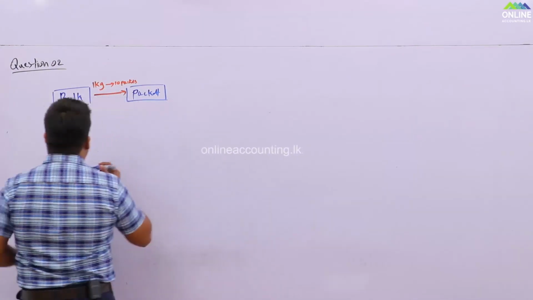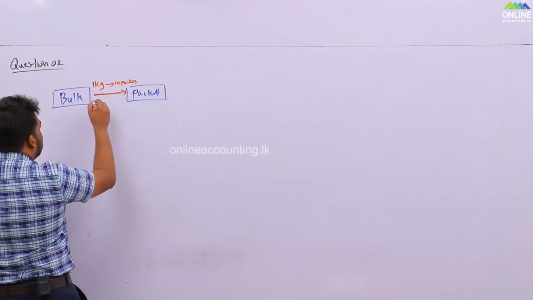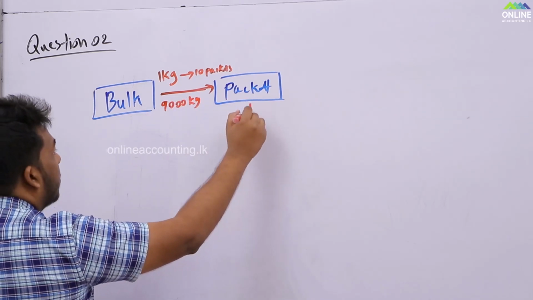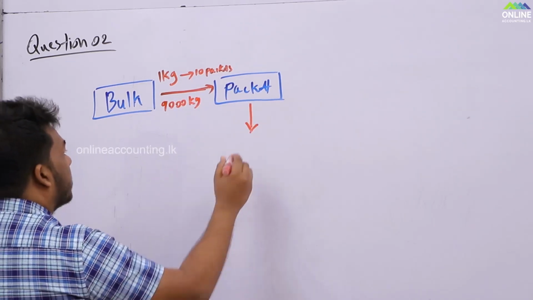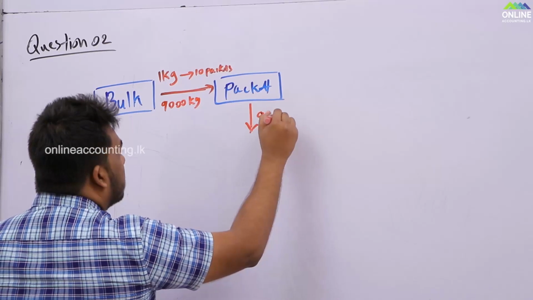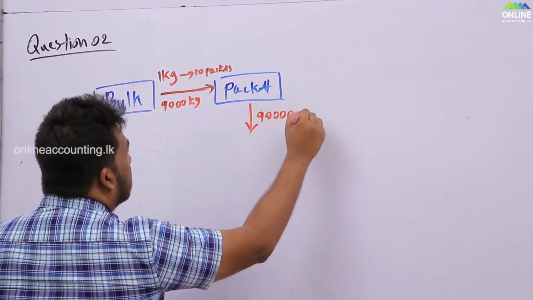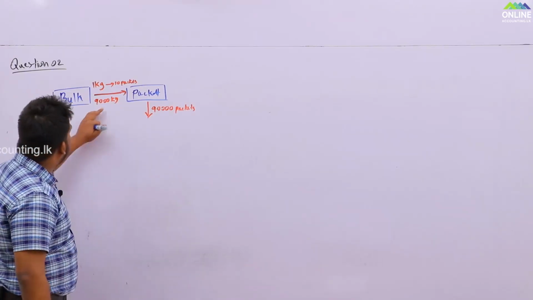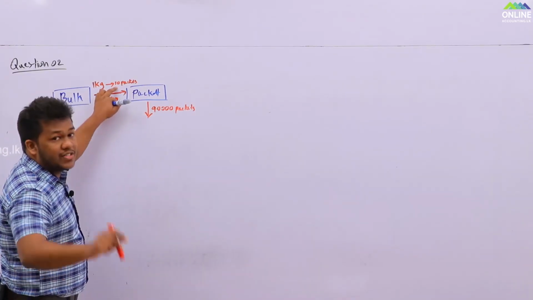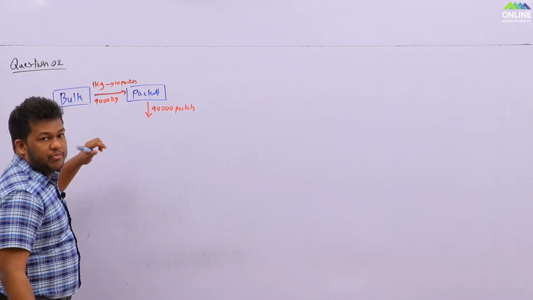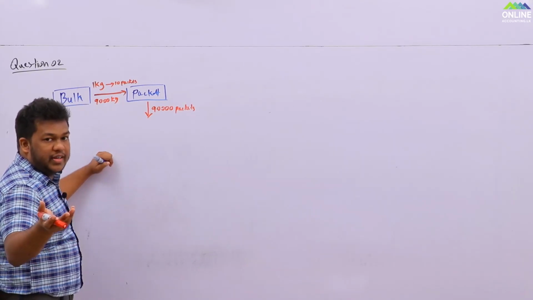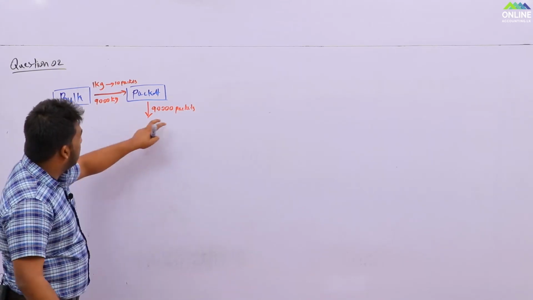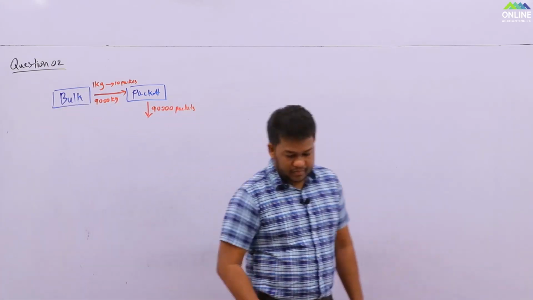So they have transferred how much? 9,000 kilograms. 9,000 kilograms means they can sell how much? 90,000 packets. Why? For 1 kilogram, they have 10 packets of 100 grams. So 90,000 packets. Right?